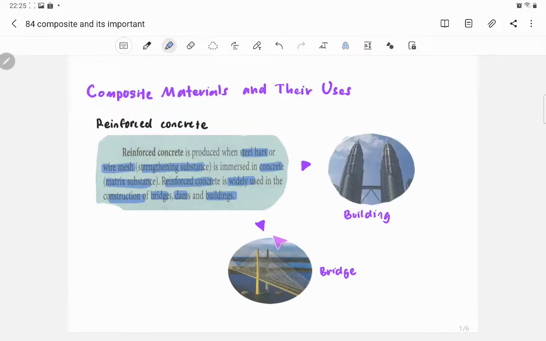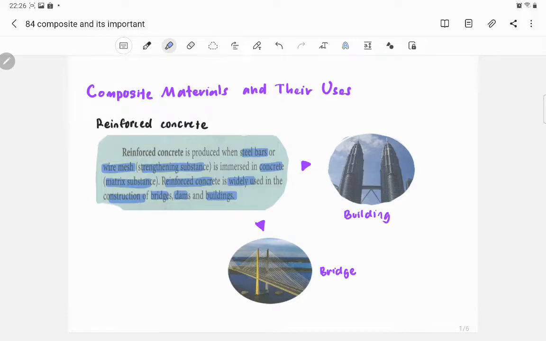Another example is a bridge. We also use reinforced concrete to make the pillars. For example, the Penang bridge, you can see the pillar here is made from reinforced concrete.